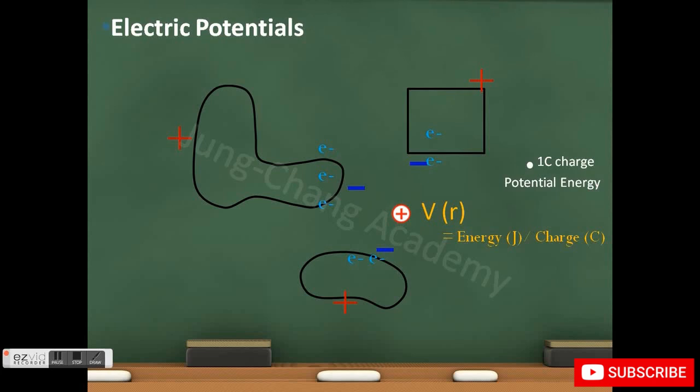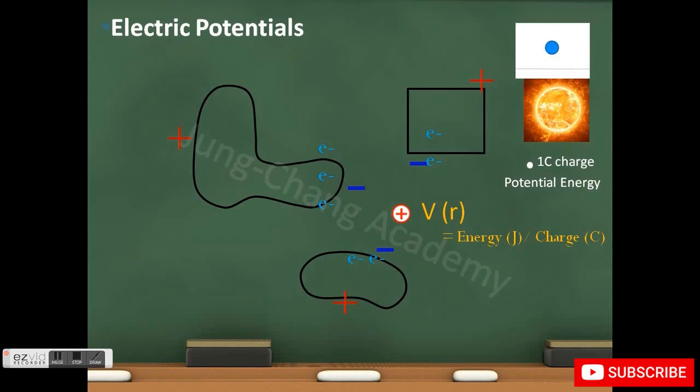Potential energy by definition is the energy required to bring this charge from infinity to this location. But for now, you can just think of it as a stored energy which can later be transformed into other energy forms such as motion or heat.